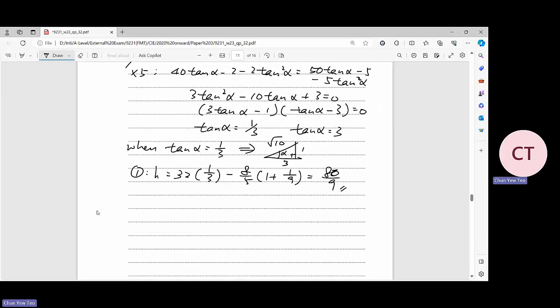Then when tangent alpha is equal to 3, you still will get the same diagram, but only the arrangement are different.